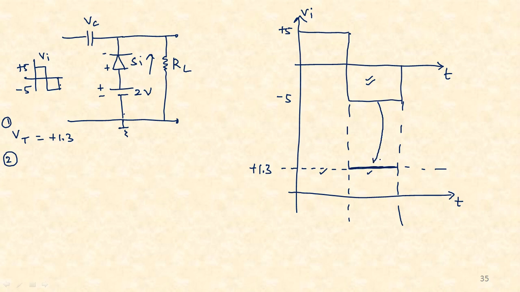The negative voltage of the input waveform corresponds to this particular voltage level. Then the entire output should be above this transition level, right? So let me draw it in this way. That's it, with the voltage levels.